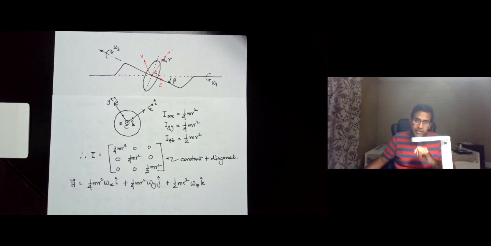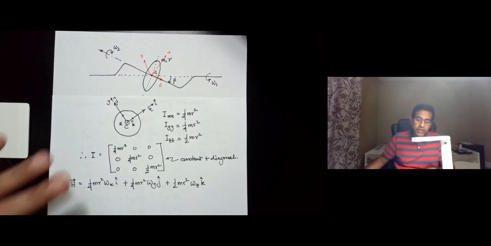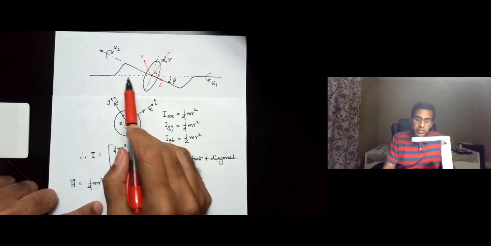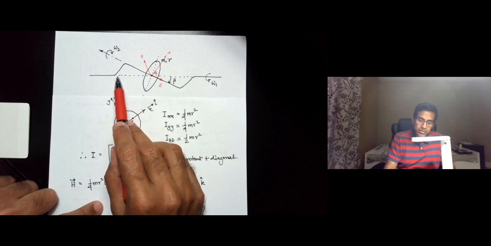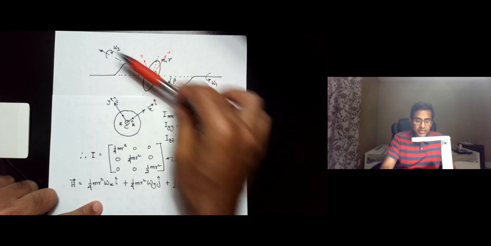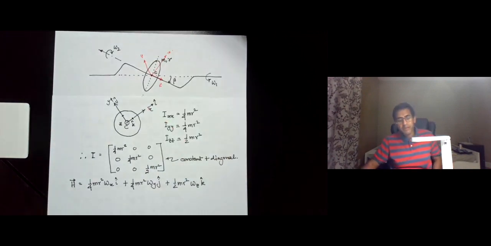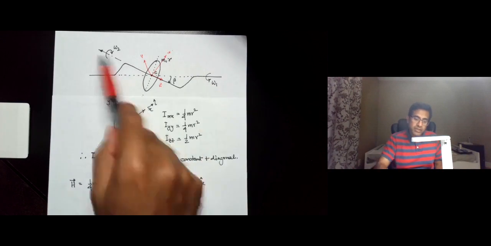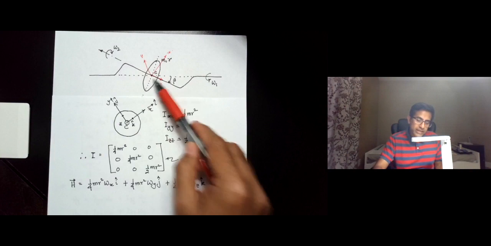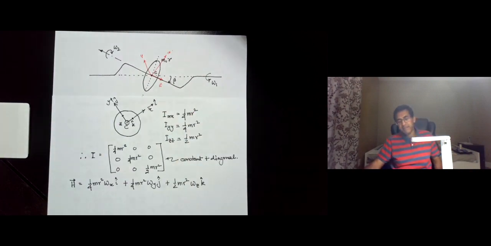At an arbitrary instant we need to find the angular velocity of this rigid body, which is composed of two rotations: one about this horizontal axis, and another about the axis of the disk itself. We need to resolve this overall angular velocity, which is the sum of these two, along this x-axis, this y-axis and this z-axis.